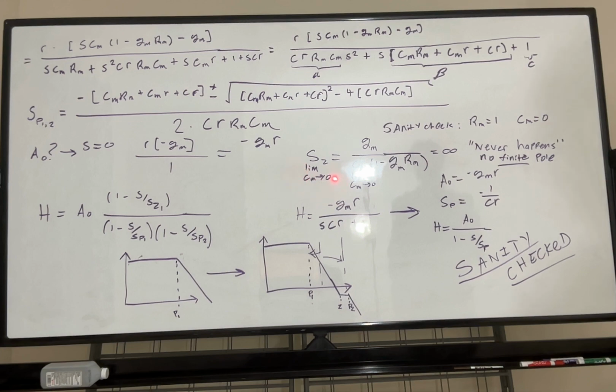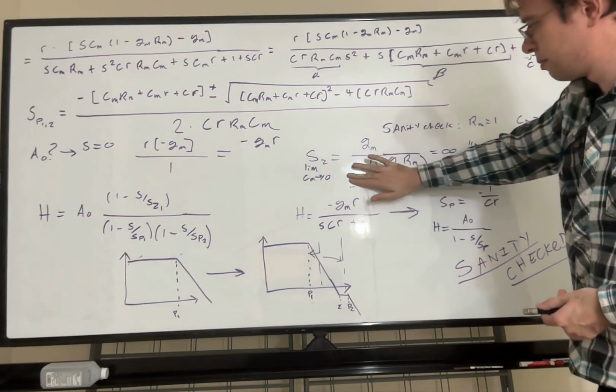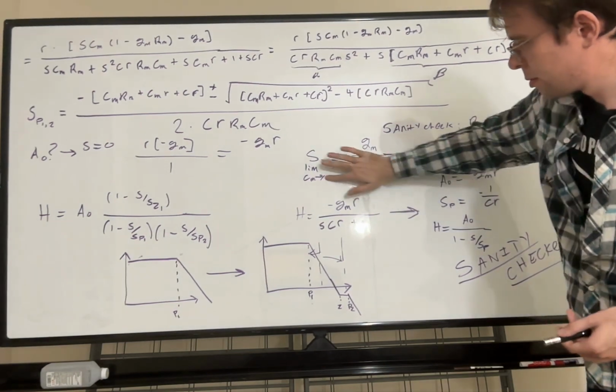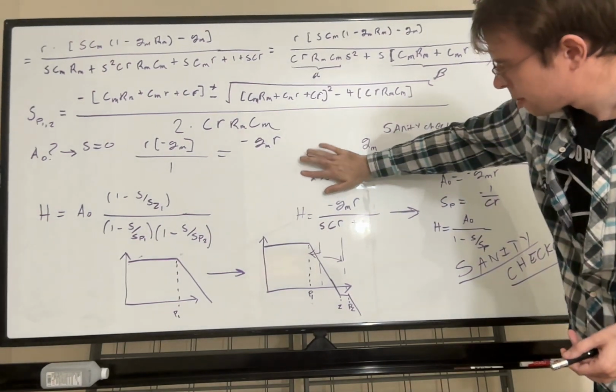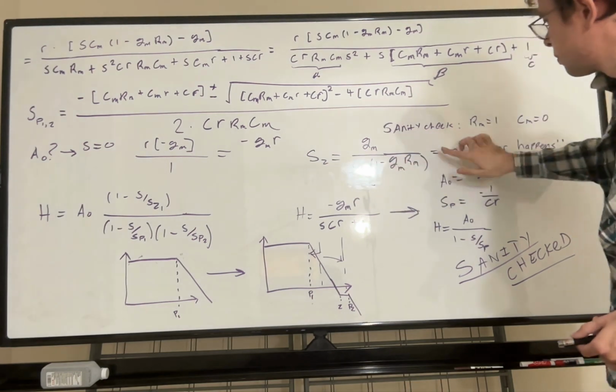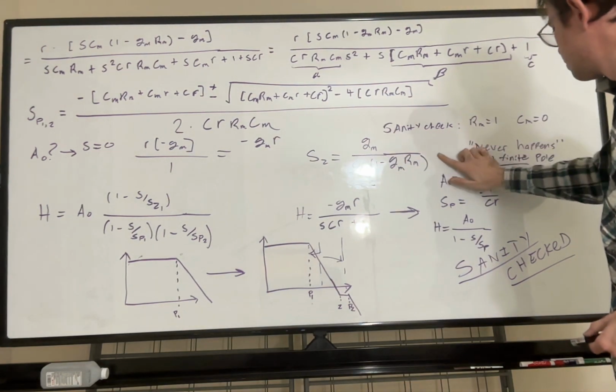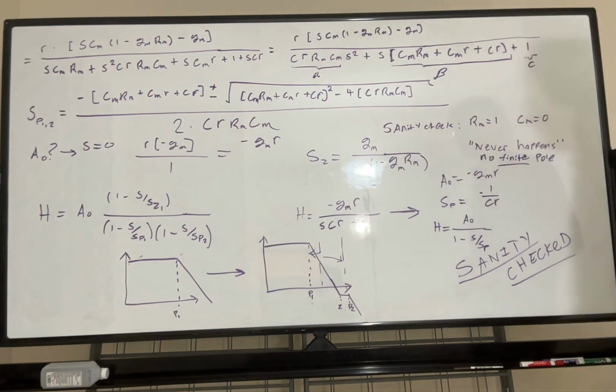I wrote the limit here because I was messing with it. Let's ignore that for now. Okay, so you take the numerator, you set S equal to SZ, you set the numerator equal to 0, you do some algebra, you'll find that SZ equals this.